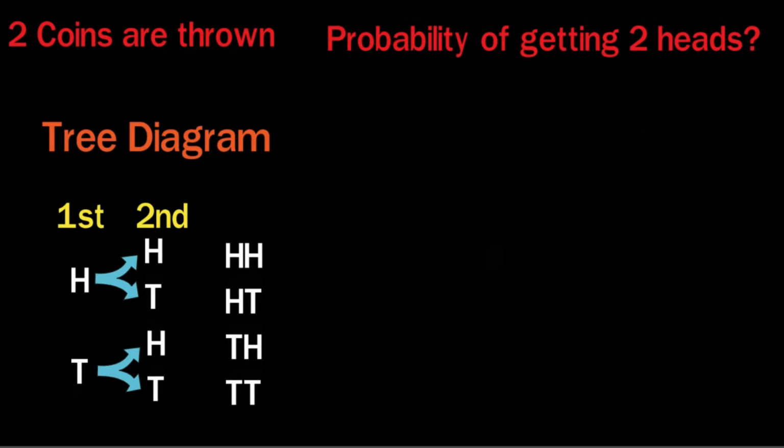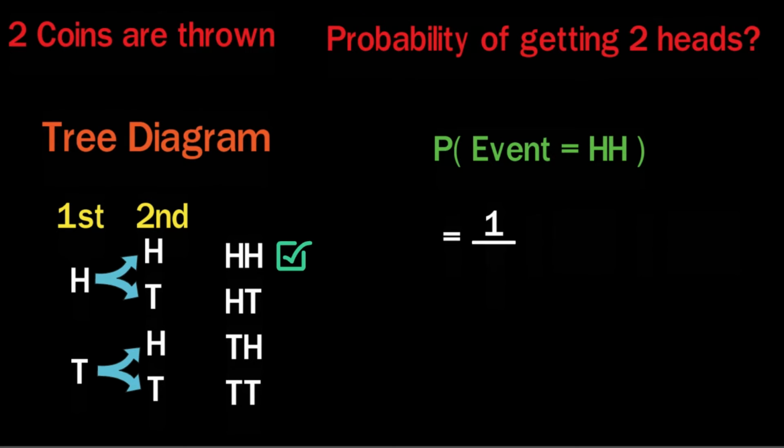So the probability of getting two heads is this first one. So we write, what is the probability of the event being two heads? So one out of the four possible outcomes, which is 0.25, is also equivalently 25%.